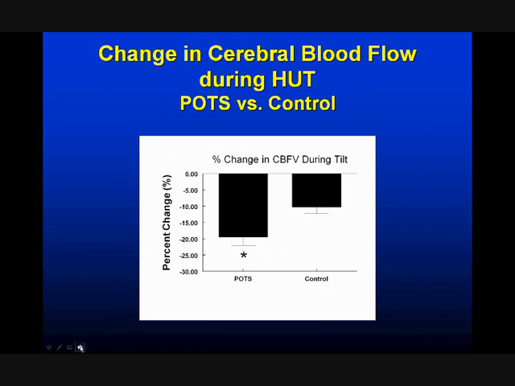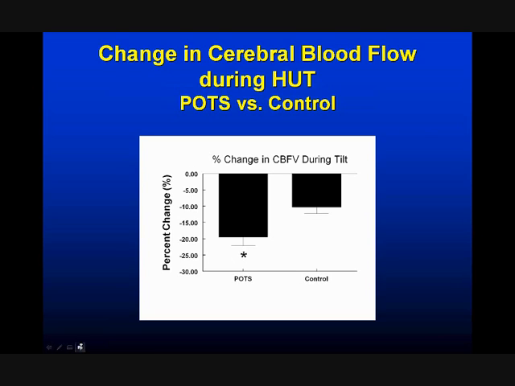And earlier, what I showed you was that in the controls with tilt, there's a change in blood pressure of about 10%, but in those individuals with POTS, that actually goes up to about 20%.